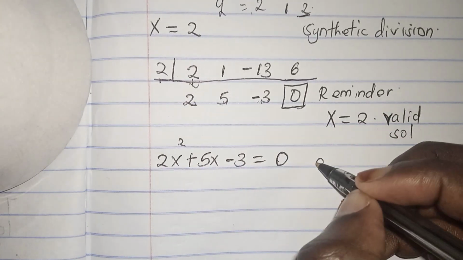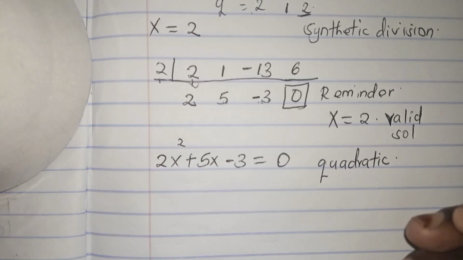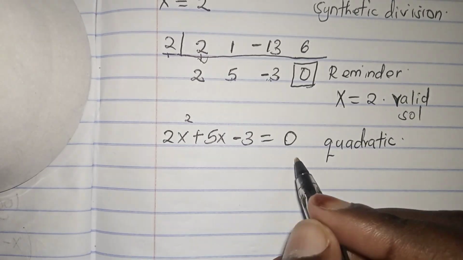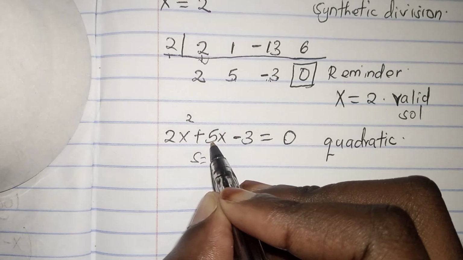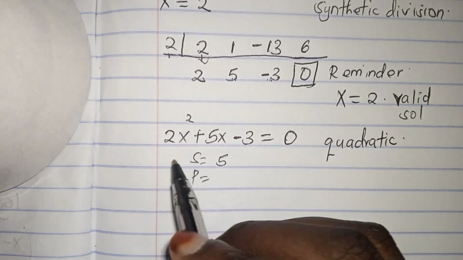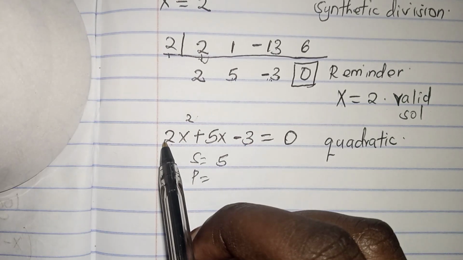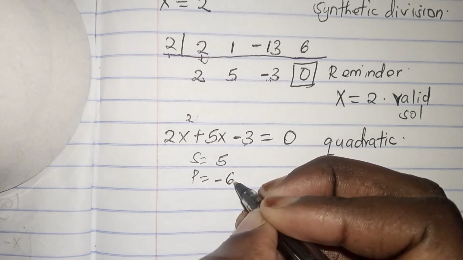So we formed a quadratic equation, and I want us to solve it using the factorization method, where our sum is the middle part here, which is 5, and our product is the coefficient of x squared times the constant. 2 times negative 3 gives us negative 6.